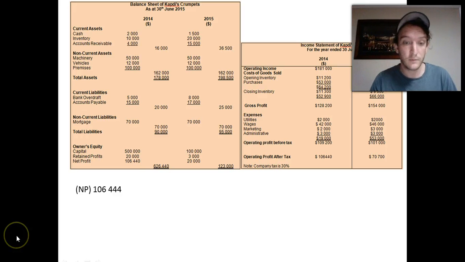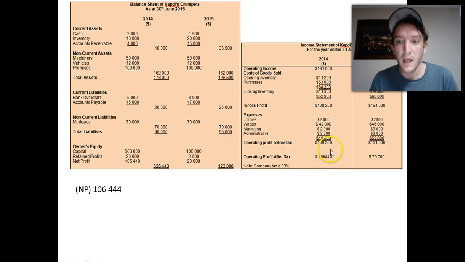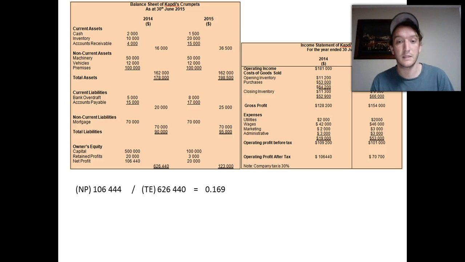So in 2004, the net profit, so we come down here, operating profit after tax, that's our net profit, was 106,440. And now we need to divide that by the total equity. So we have to come over to the owner's equity. Here's all the equity. We have the capital, the retained profits, net profits. Here's the total. So we're going to divide that by 626,440, which equals 0.169, which we should know is 16.9%.